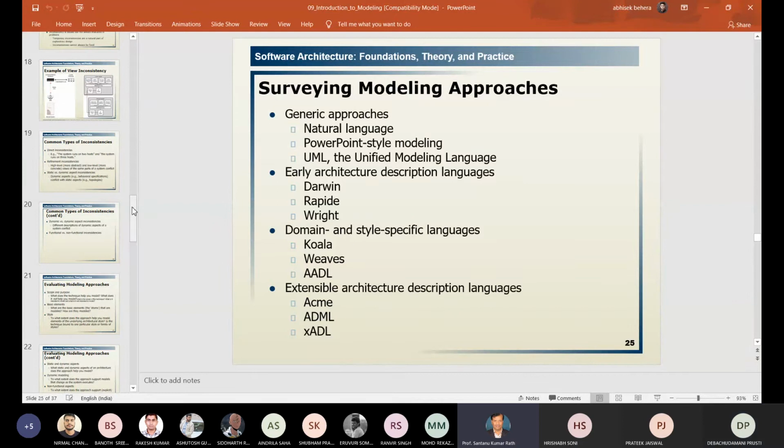Using ACME, the third row, the last point, how is ACME changing from UML? You need to make a cross verification with UML because you have studied UML so thoroughly. What were the 11 parameters in UML? What are those 11 parameters in Darwin or Rapide or Wright or Koala or ADL or ACME? What is the difference? You need to understand. Then only you will find it interesting.